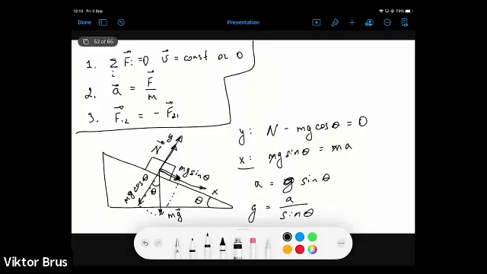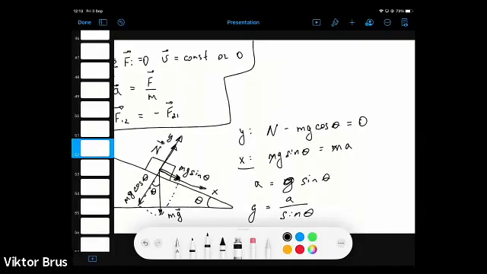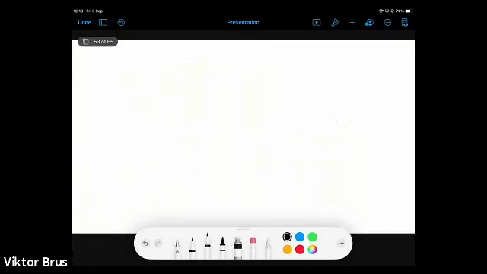Okay, let's go for another example. And this time it will be a lift with some body inside it. So let's draw a lift.